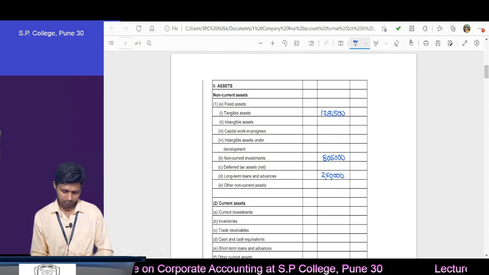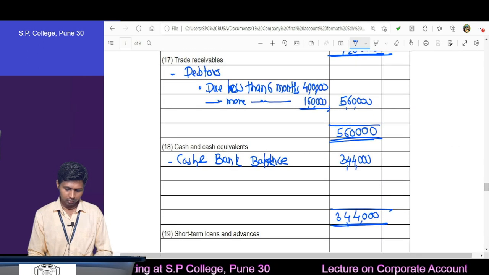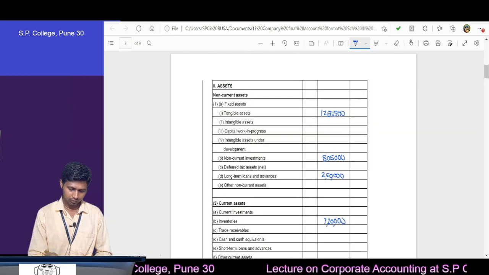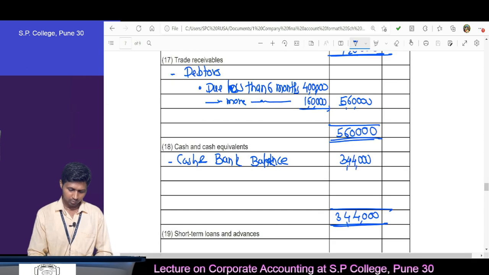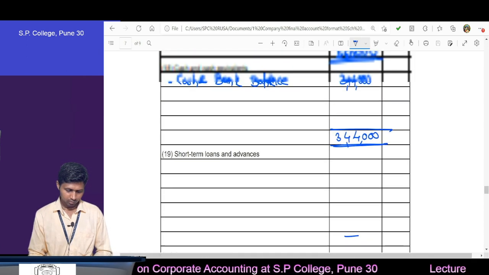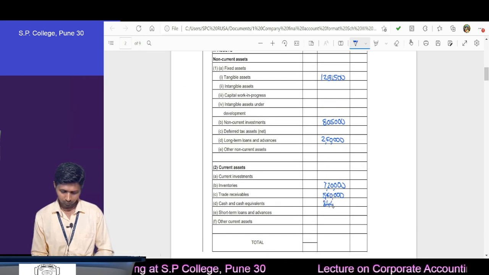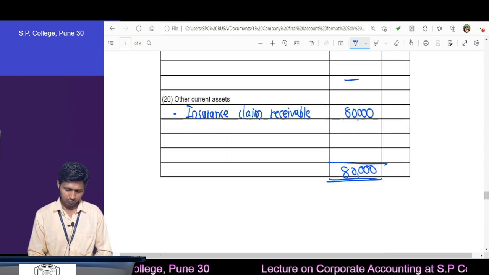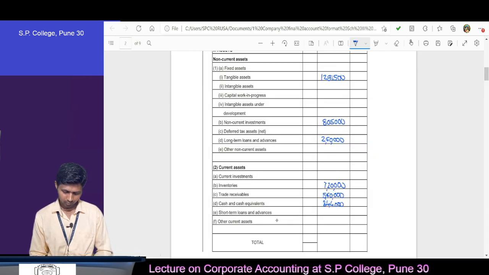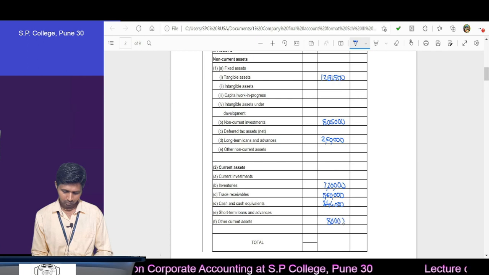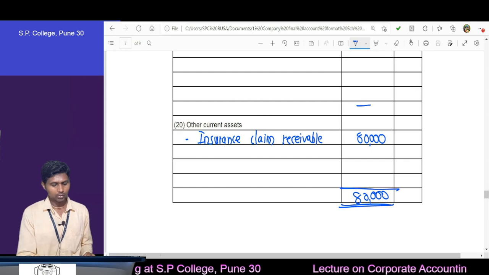Inventory 7,20,000. Debtors 5,60,000. 3,44,000. Other current 80,000. And then over, only this much.